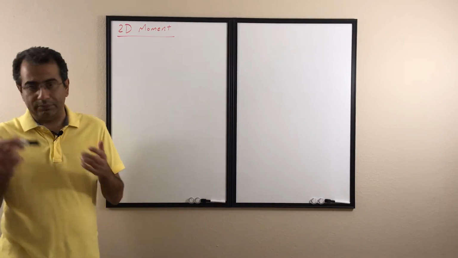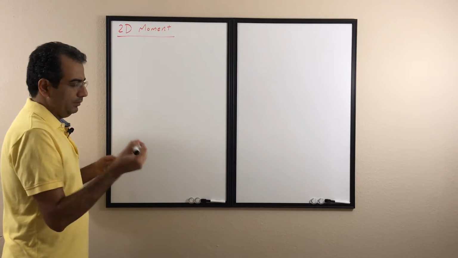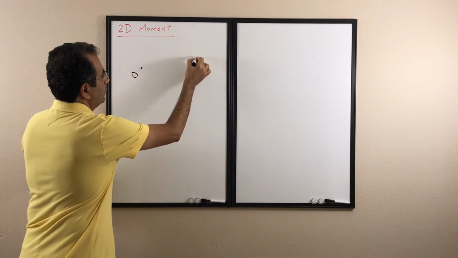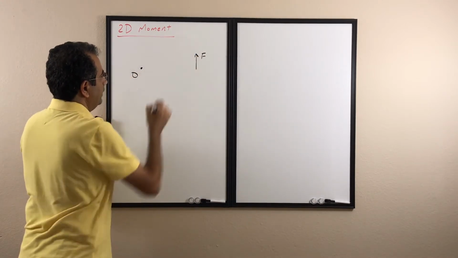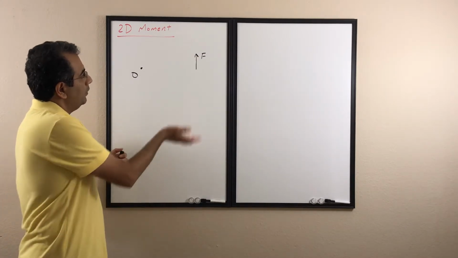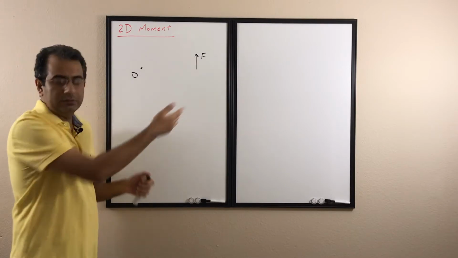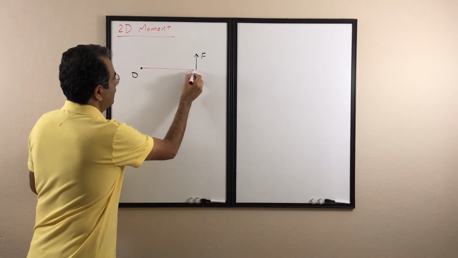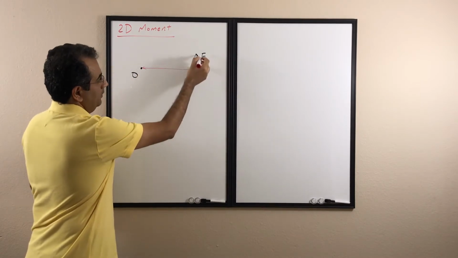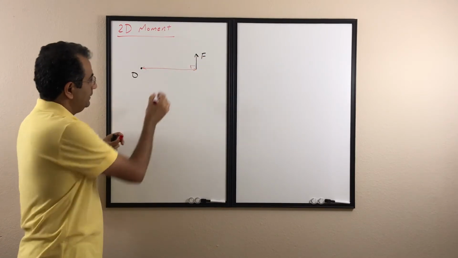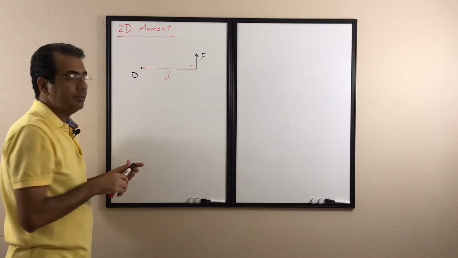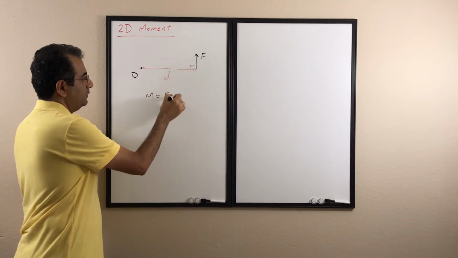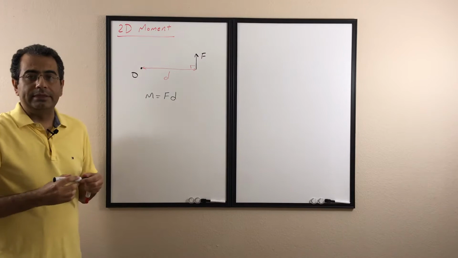How do we calculate the moment? So assume we have the point O, and we have the force F. I want to see what moment, or what rotation, that force creates. If we consider the distance between that point and that force to be d, then the magnitude of the moment created is going to be the magnitude of the force times the distance.